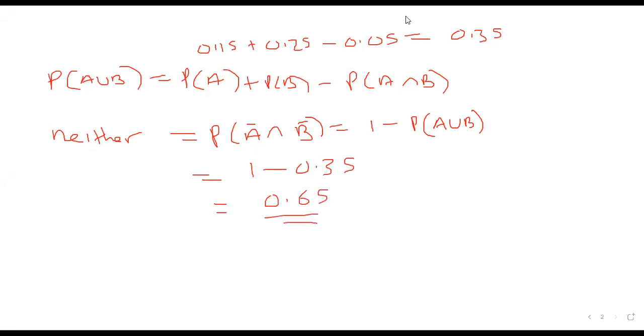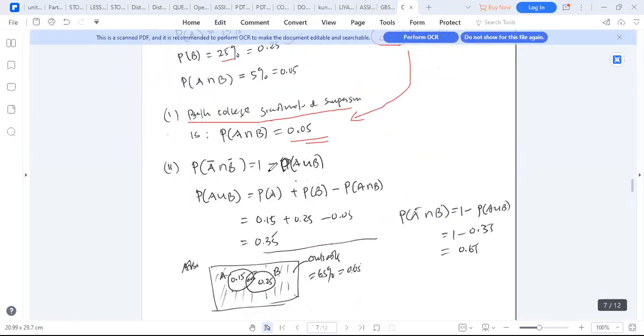In essence, this is what we are doing. A complement intersection B complement is 1 minus the union of the two. So our union set, A is 15%, B is 25%. You remove the intersection, which is 5%.